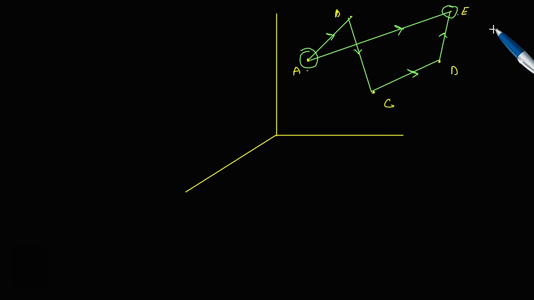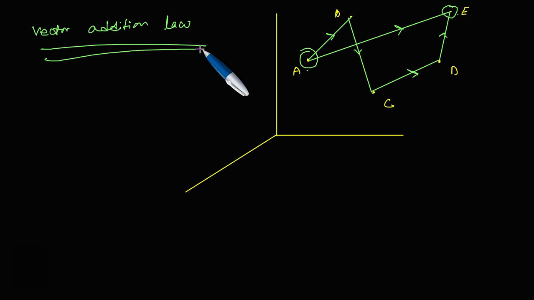So we got the vector addition law, and one more thing we got: the shifting depends only on point A and point E, not the intermediate points.